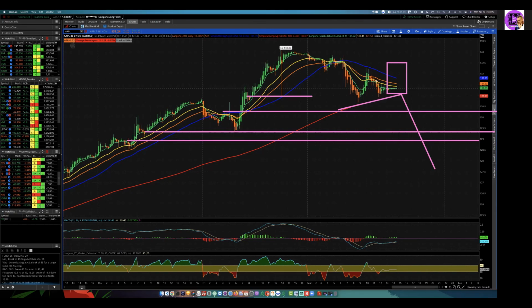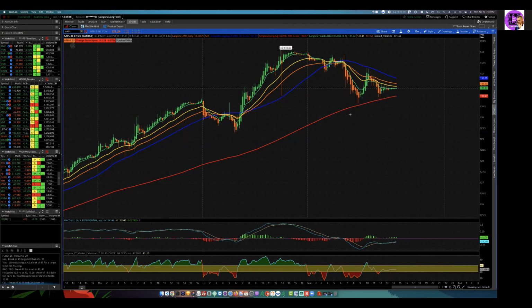Or it can just do what it wants to do and move upwards. However, I'm going to take a position that if Apple breaks the 200 SMA, I'm going to look to watch it.